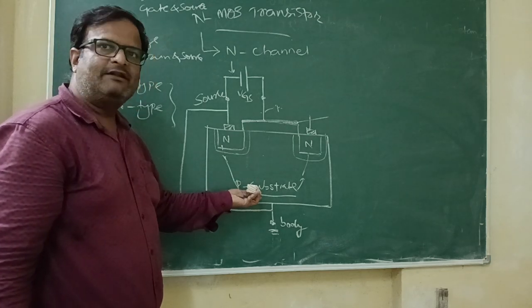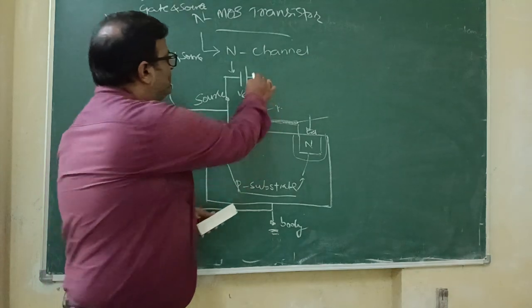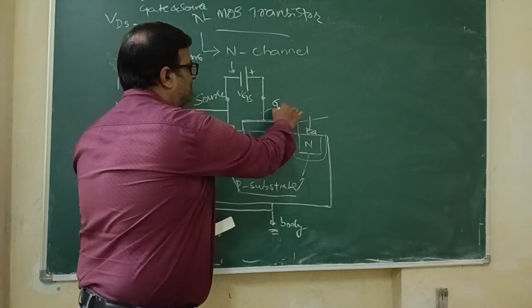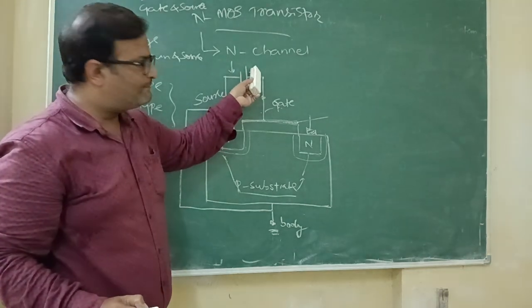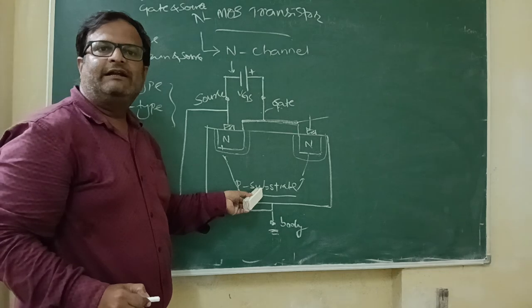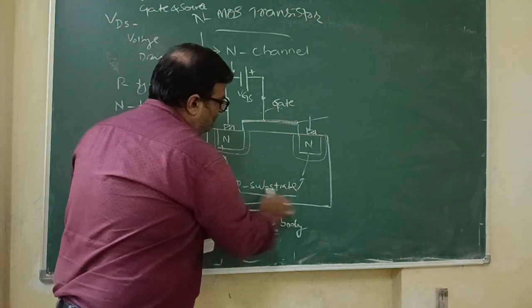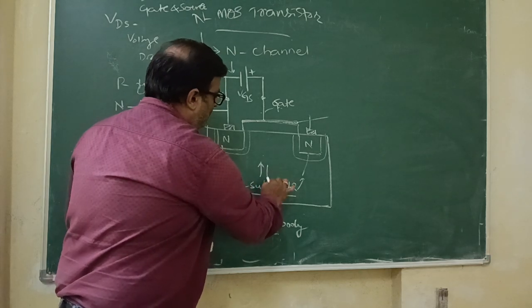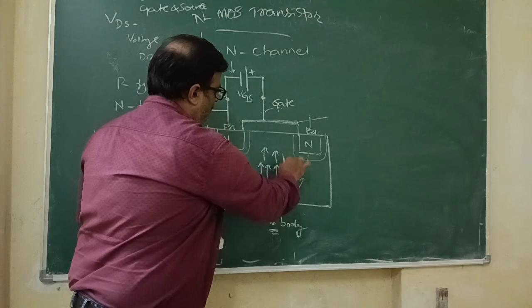Now here this is the P substrate and we are getting a positive voltage in the gate terminal. So what happened? Due to this positive voltage and due to this P substrate, the electrons from this P substrate are attracted toward the gate terminal.